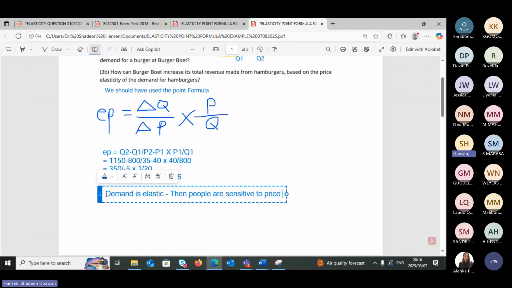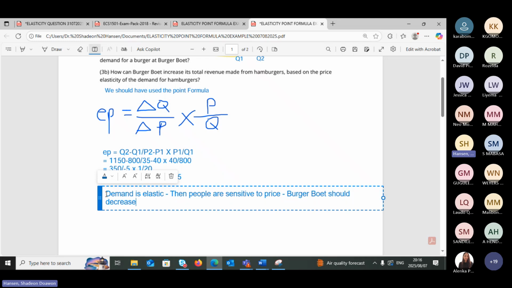If people are sensitive to the price, then we can say, as we agreed last week, Burger Boot should decrease their prices. Because if they decrease their prices, the quantity demanded is going to increase way more than the decrease in the price.